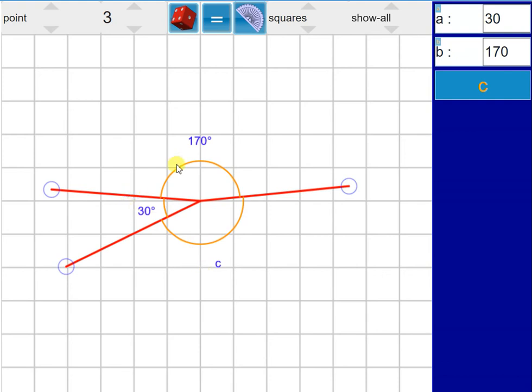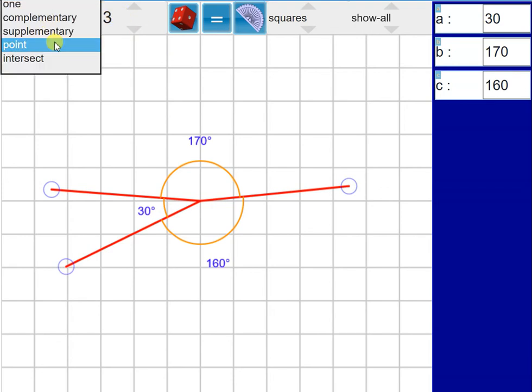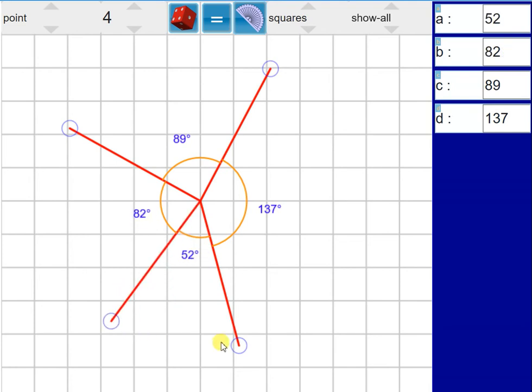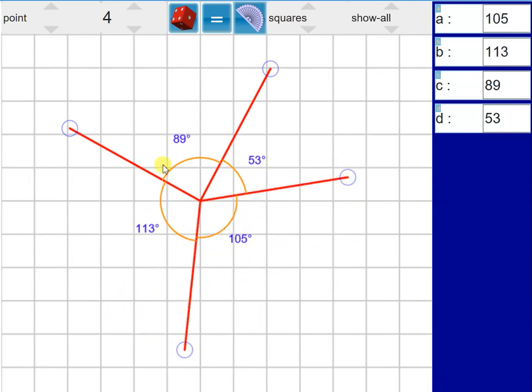Well, here you'd add up 170 and 30 to get 200, and then you'd take it away from 360 to find angle C, and that would give you 160. And they can make things more confusing as well, but as long as you remember you're adding to make 360, you'll be able to work out any missing angles on a whole turn.